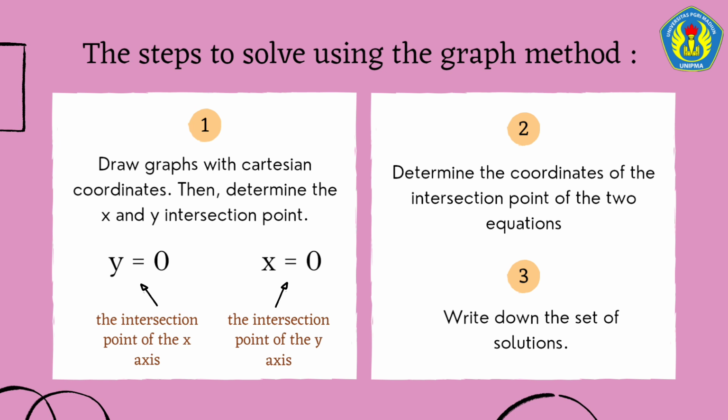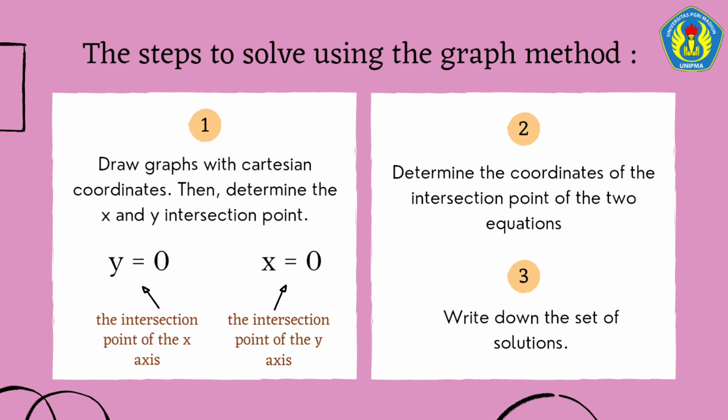The intersection point of the x-axis is when y equals 0, and the intersection point of the y-axis is when x equals 0. Then the two intersection points are connected so that an equation line is obtained.